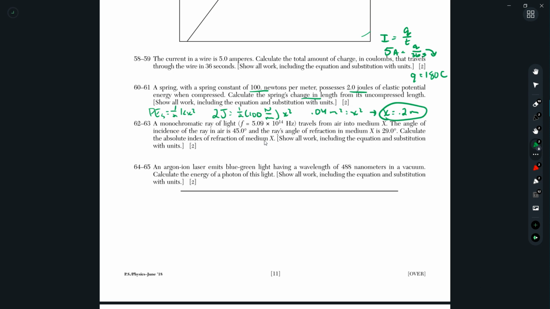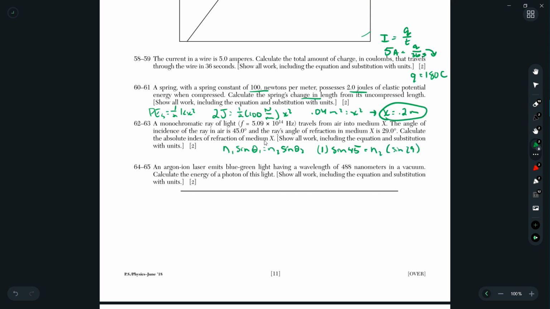Monochromatic light ray. What's the index of refraction from air into medium X? So n1 sine theta 1 equals n2 sine theta 2. n1 is air, that's just 1, times the sine of 45. That's going to equal n2 times the sine of 29.